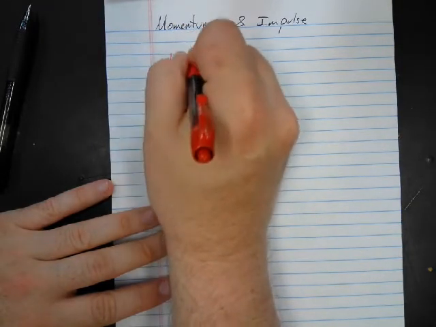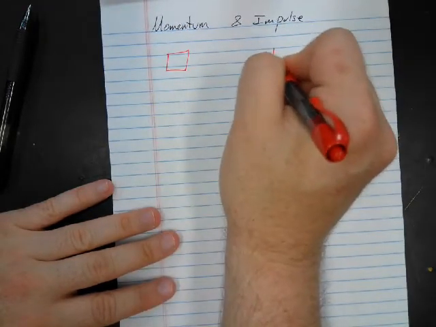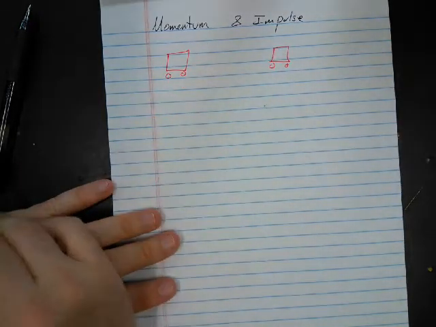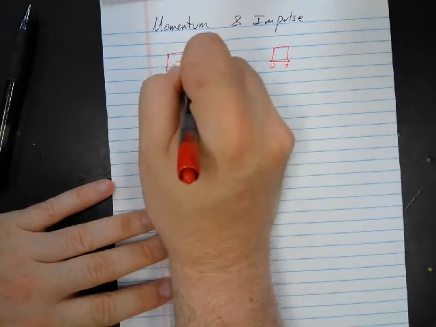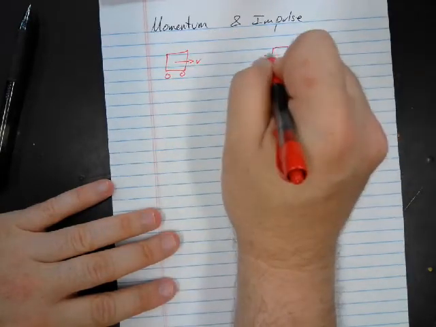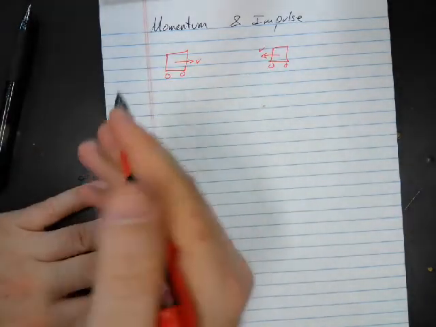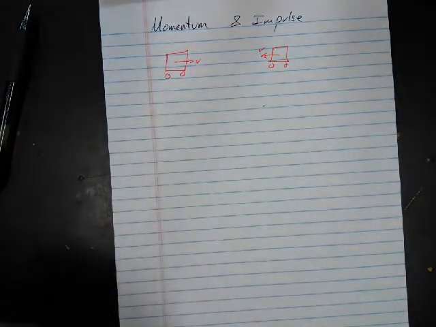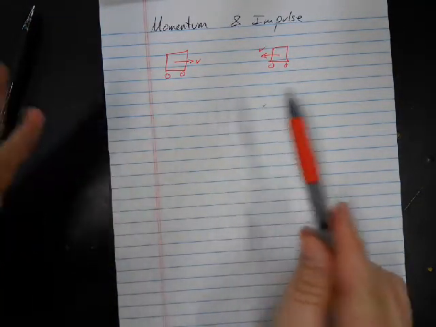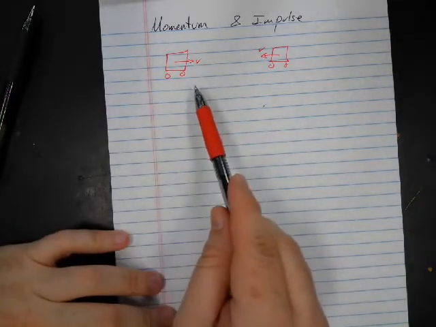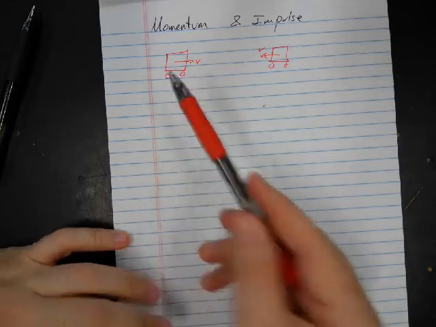Basically, if we have objects, let's make them carts. All right, these carts are going to be moving at some point, so we'll give them some velocity. And they're going to collide. They're going to interact. This could be cars colliding. This could be particles interacting, two electrons bouncing off of each other.